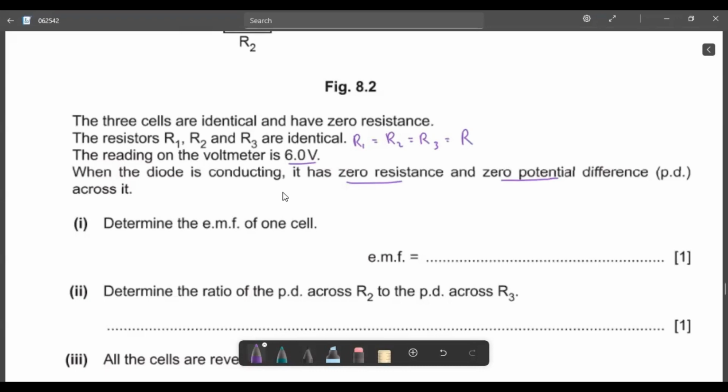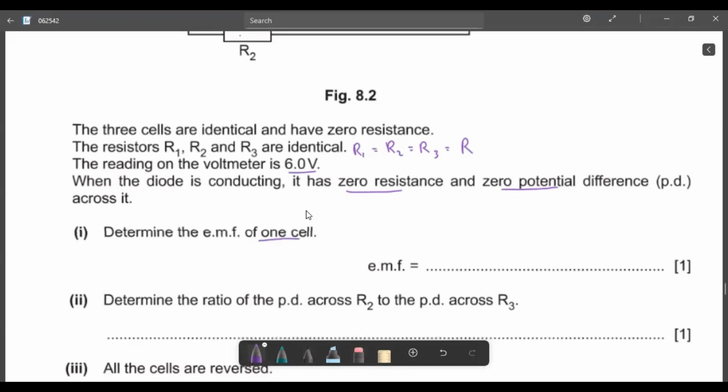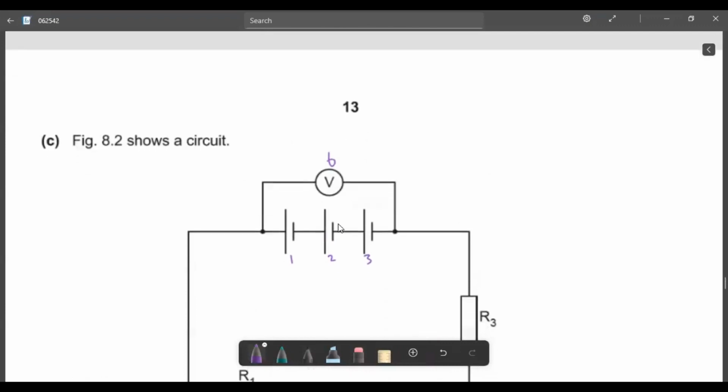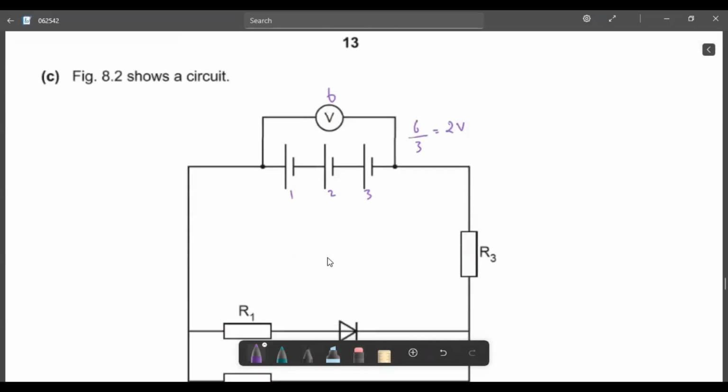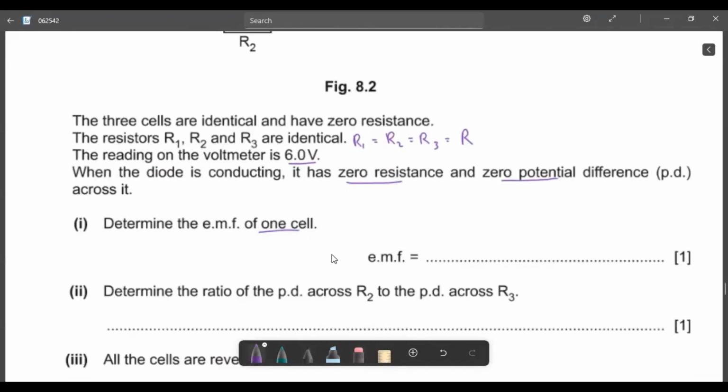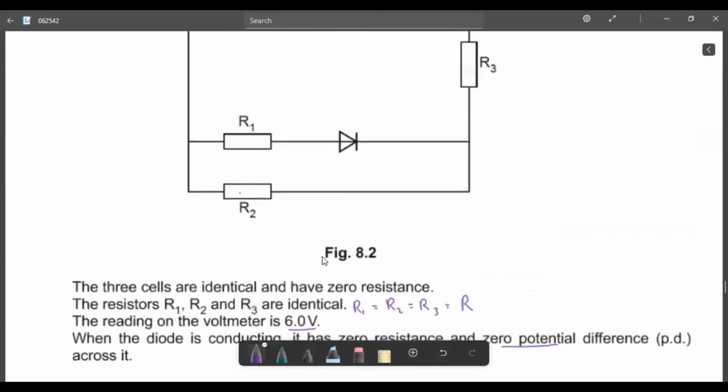Determine the EMF of one cell. So for finding the EMF of one cell, the total voltage is 6 volt. So we can do it by 6 by 3. Total 3 cells are there. That is 2 volt. As they are identical cells, each cell will be having 2 volt. Determine the ratio of potential difference across R2 to potential difference across R3.